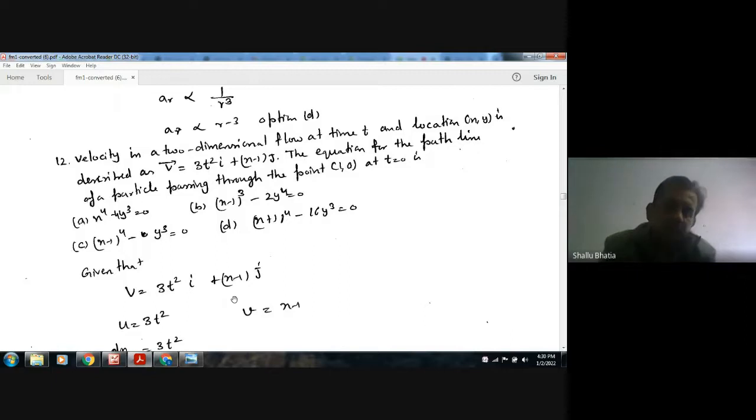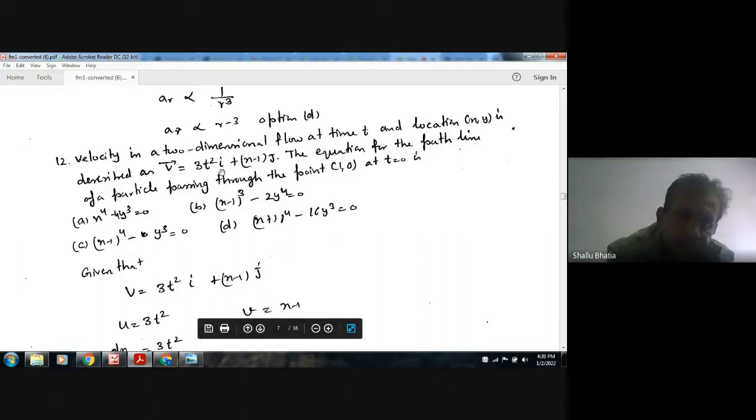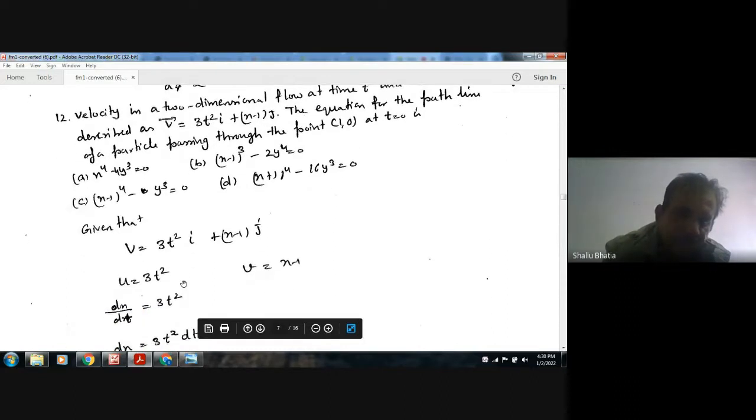Next, the velocity in a two-dimensional flow at time t and location x, y is described as V equals 3t square i plus (x minus 1) j. The equation of the path line of a particle passing through point (1, 0) at t equals 0 is? So the velocity vector is given by 3t square i plus (x minus 1) j. So u is 3t square and v is x minus 1.